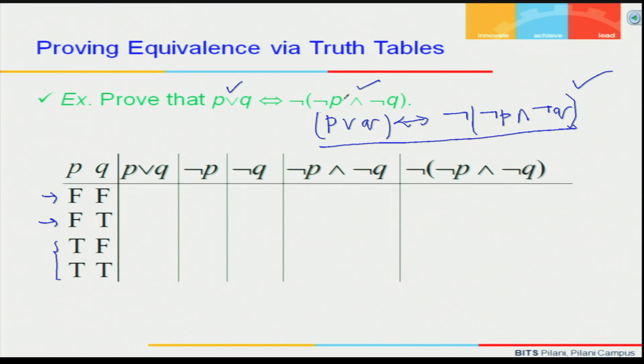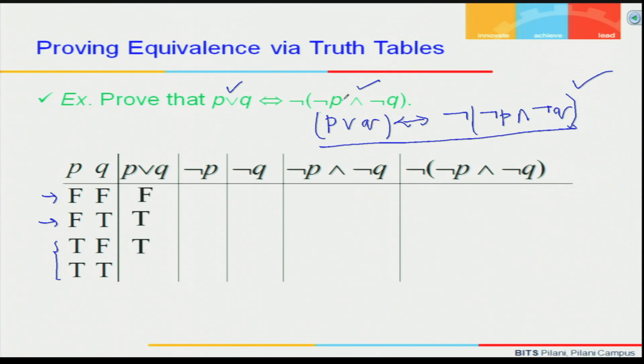First, let us do it for when P assumes false and Q assumes false.